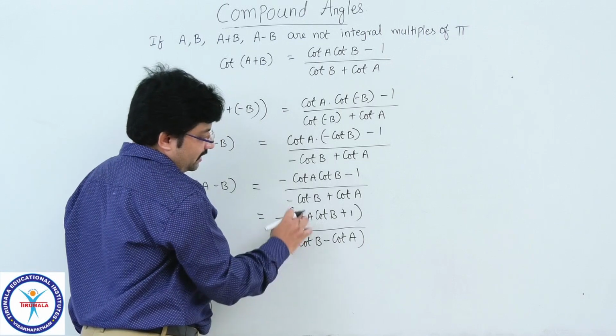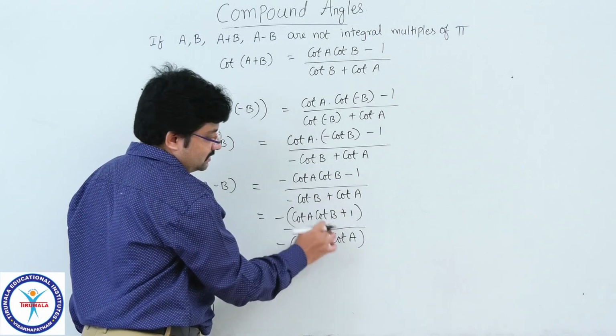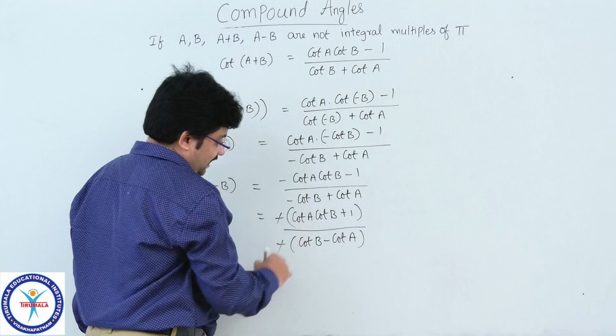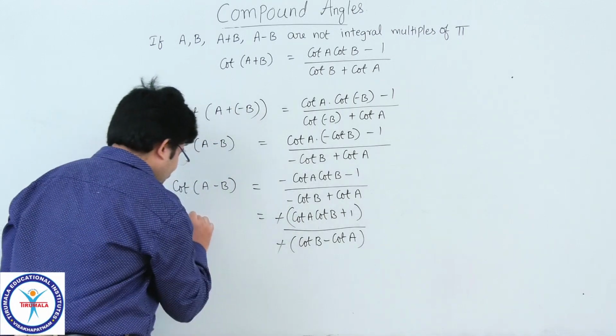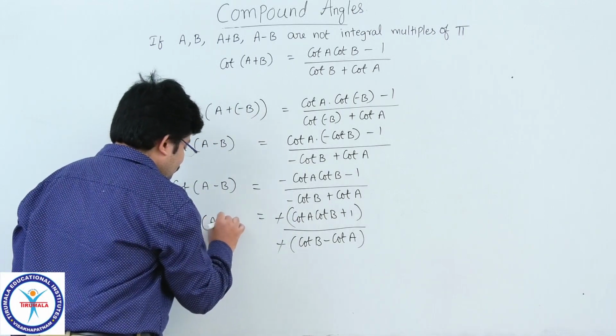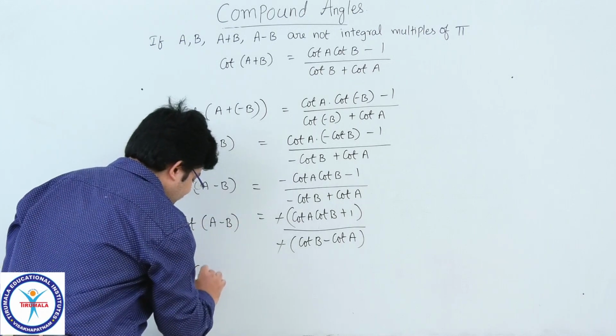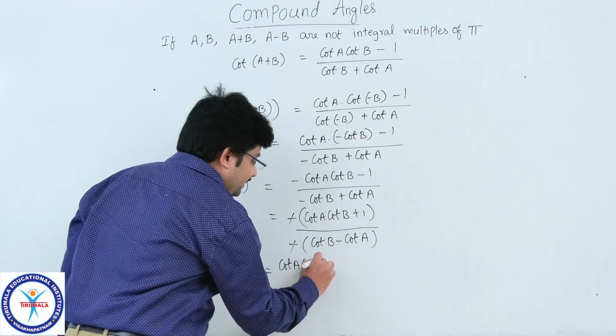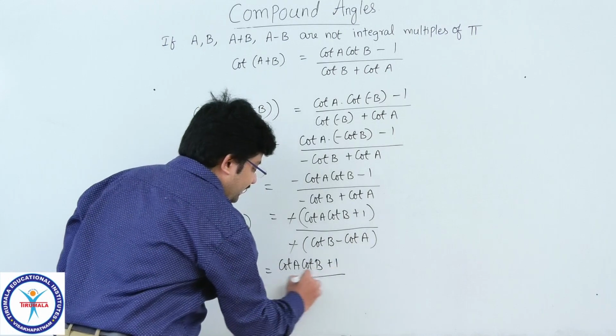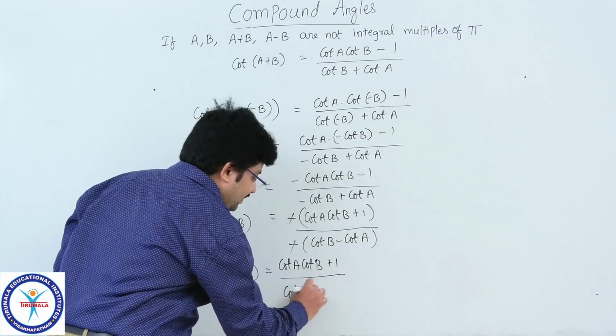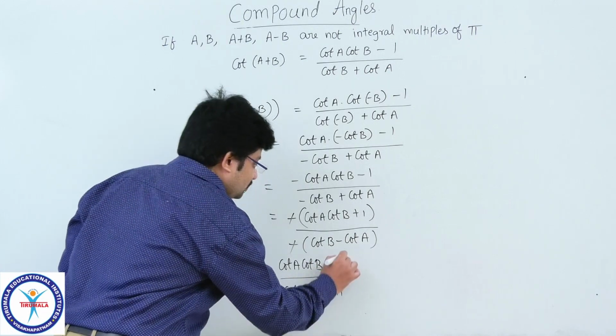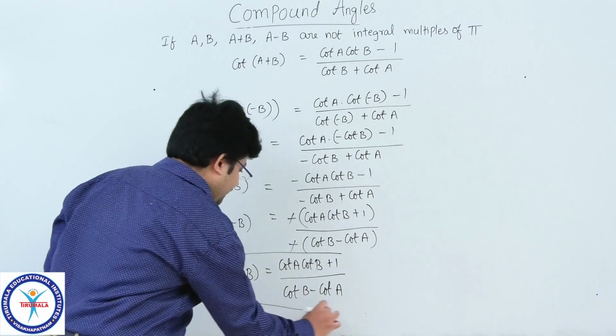Now minus and minus get cancelled. Therefore, cot(a-b) is equal to cot a cot b plus 1 by cot b minus cot a. So, this is the formula for cot(a-b).